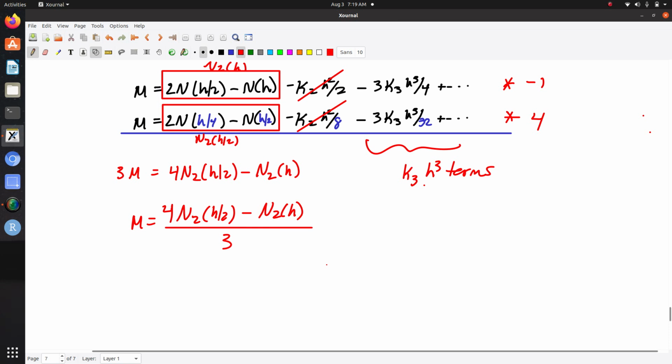So the way they write this in the textbook, and the way that I really hate this, but this is what they do. After you see why, it makes total sense. So you end up saying n3 is equal to n2 of h over 2.